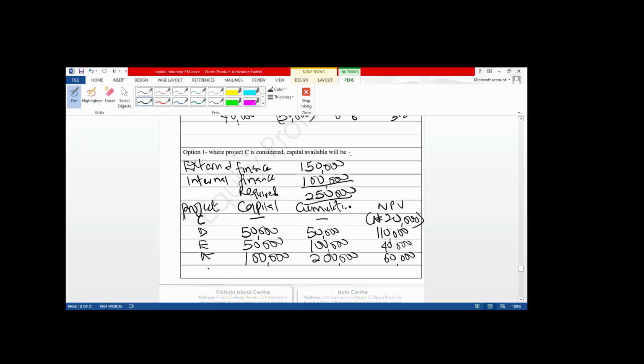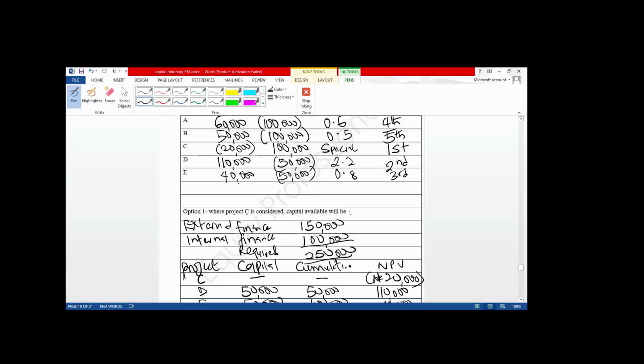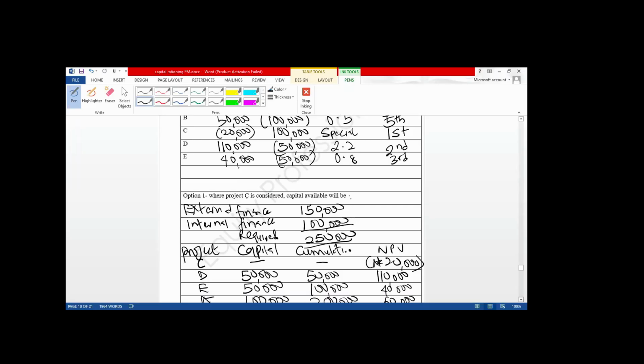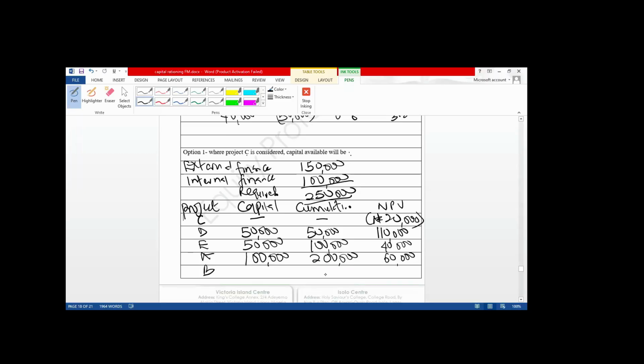We now go to project B. Project B, capital required in year 1, 100,000. Please keep that in mind. Cumulative, we have spent 200 out of 250. That means we cannot accept project B 100%.